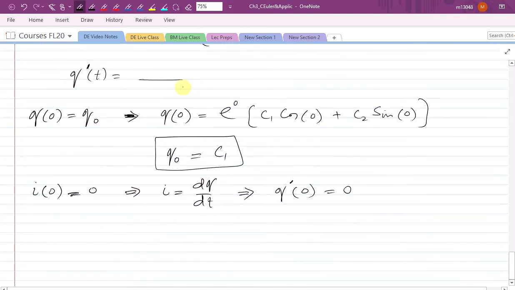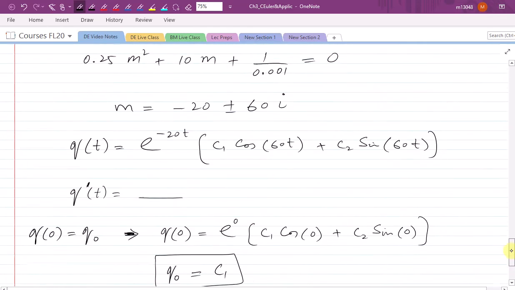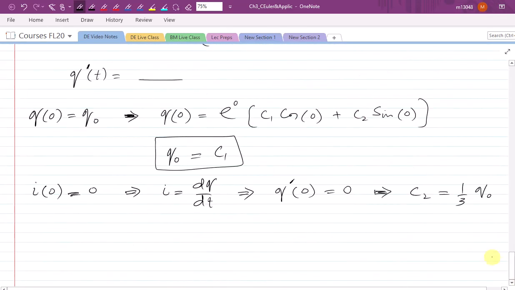I'll leave this step for you, it's a very easy step. Find the derivative of q and then put this condition to find c2. We already have c1, and after solving the whole thing, you will find that c2 is 1 by 3 q naught. That will complete our solution.